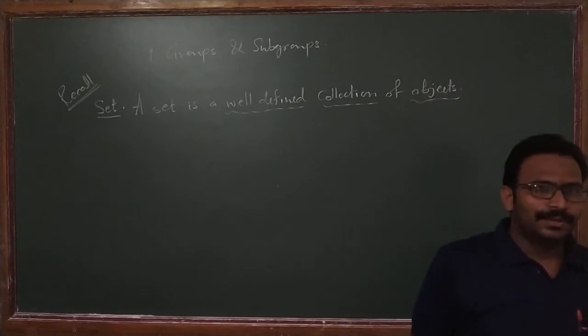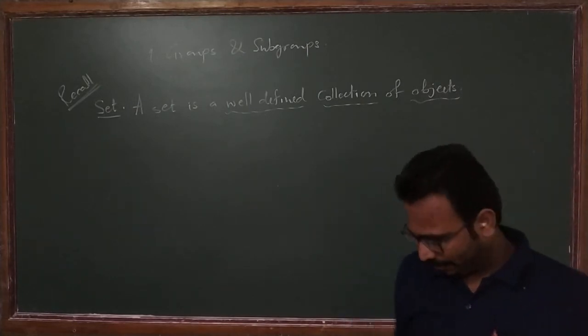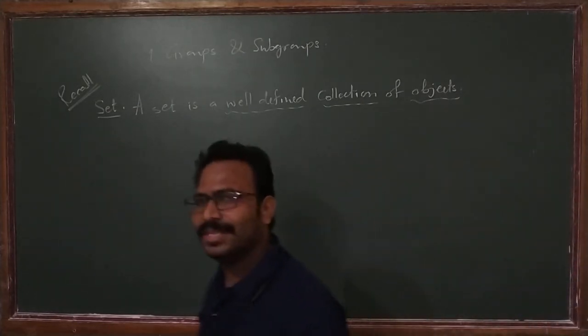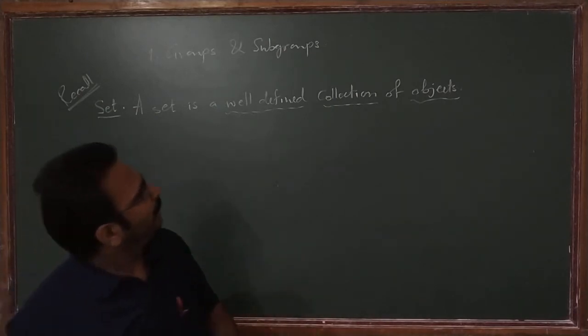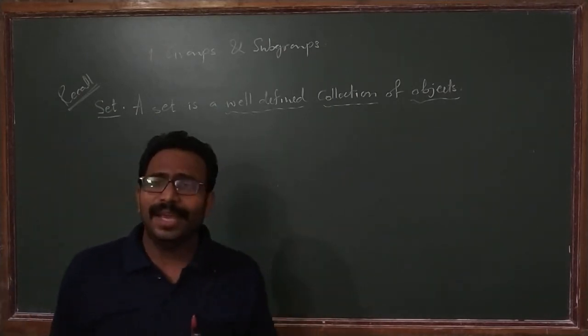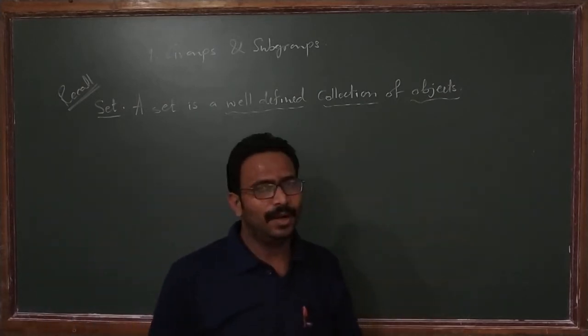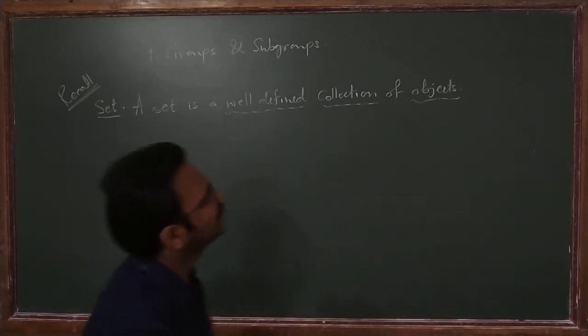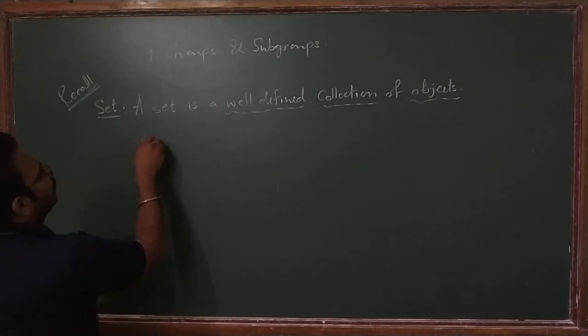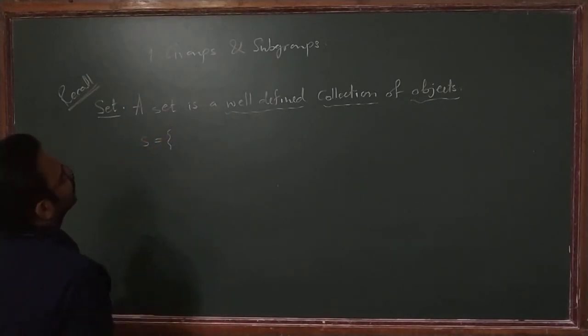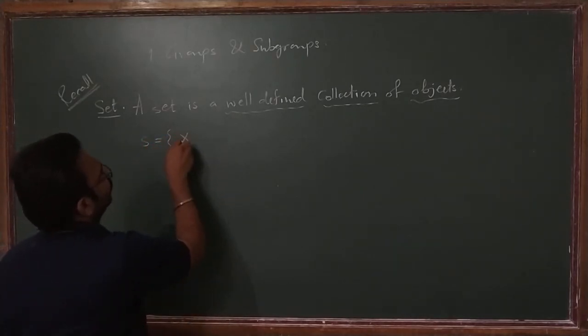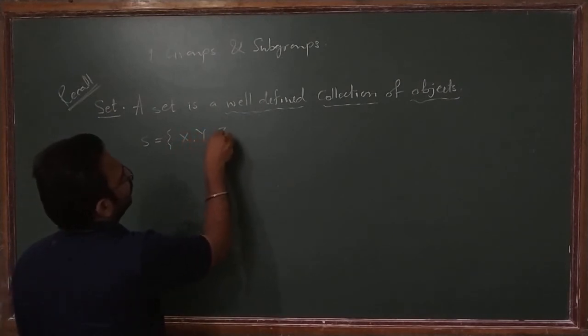So what is meant by a well-defined object? That means a very simple thing, there should not be any ambiguity whether the object belongs to the set or does not belong to the set. For example, suppose I choose S to be {X, Y, Z}.